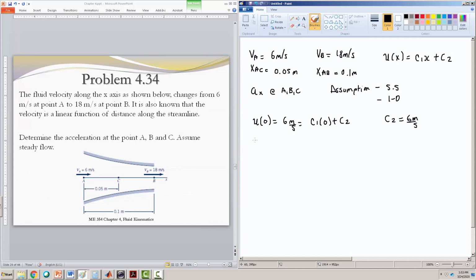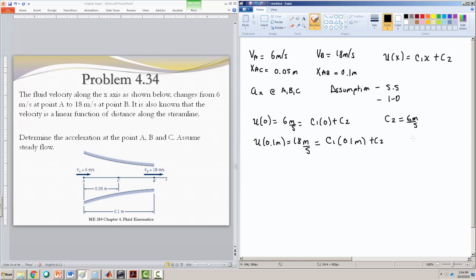Then we do the second equation, which is the velocity u at point B, at 0.1 meters, equal to 18 meters per second. We do it again: c1 times the distance, which is 0.1 meter, plus c2, equal to 18.